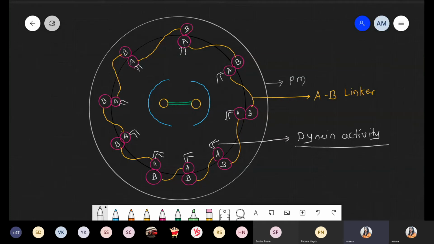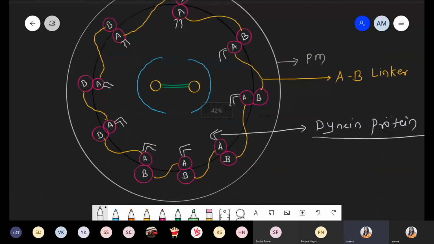So the first one we discussed is the AB linker, the second one is the dynein protein, which has ATPase activity. Now, if you see at the center, we draw something like two circles, represented by this mustard color.